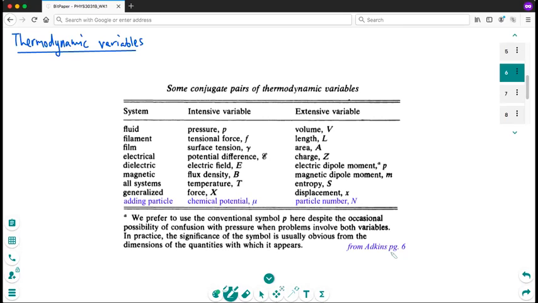When we write down the first law, we need to ask ourselves how many ways we can perform work on the thermodynamic system. If you have different ways to perform work on the system, you sum over all these channels, all these contributions.